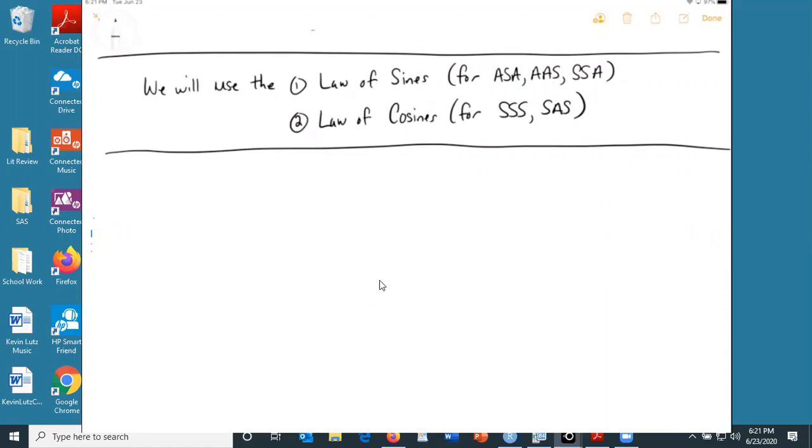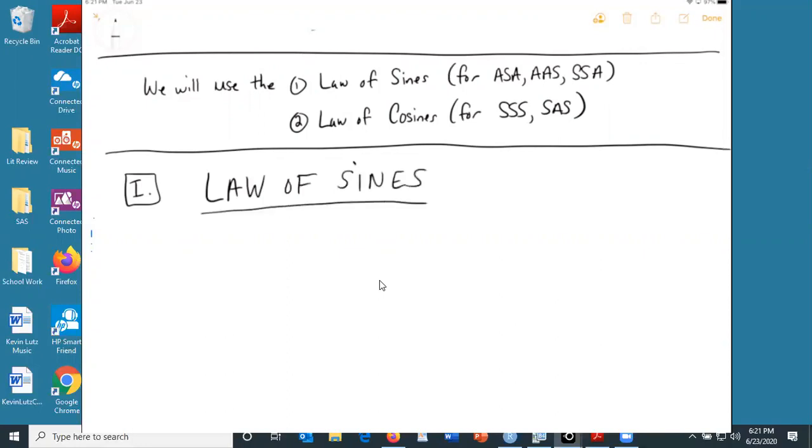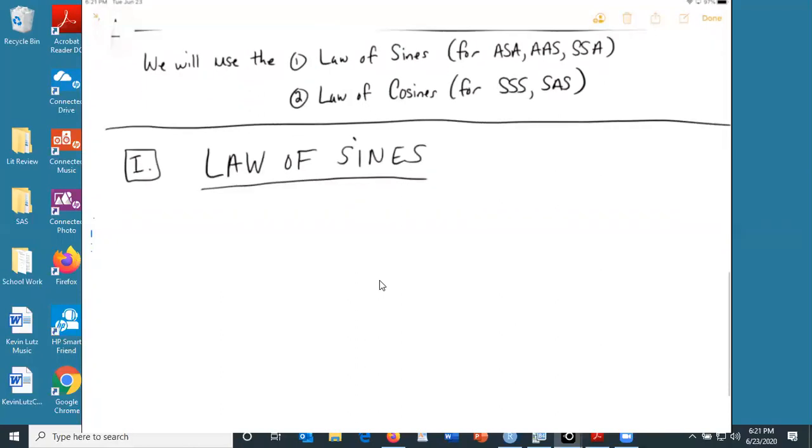So the question now is, what is the law of sines? What is the formula for the law of sines? Let's call this Roman numeral 1. So let's get down to business. The law of sines says this.